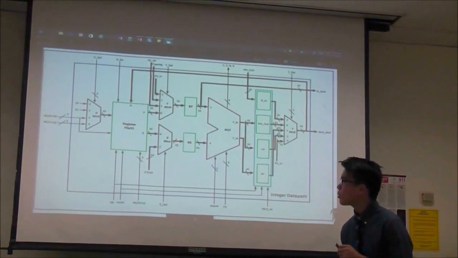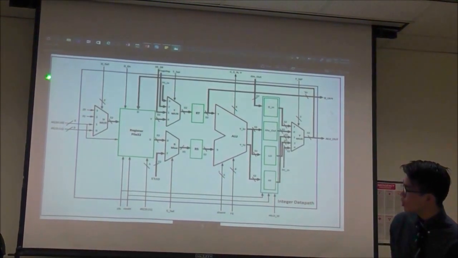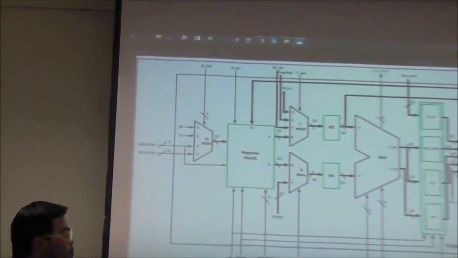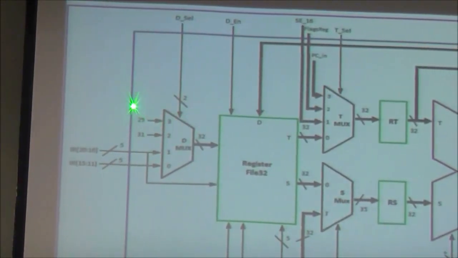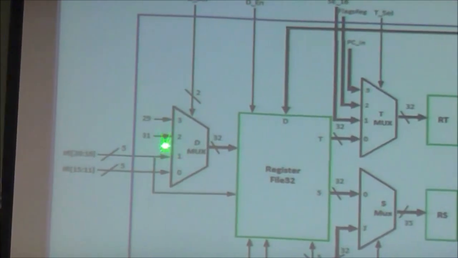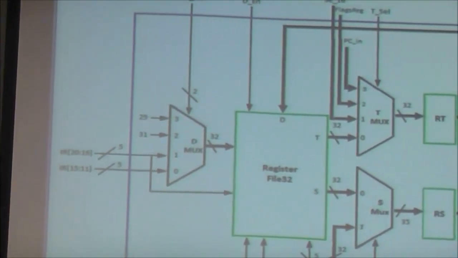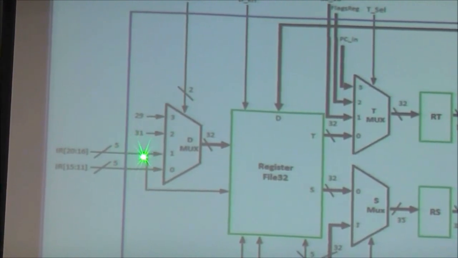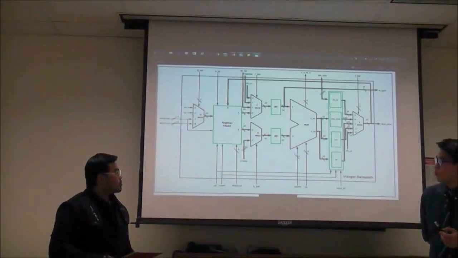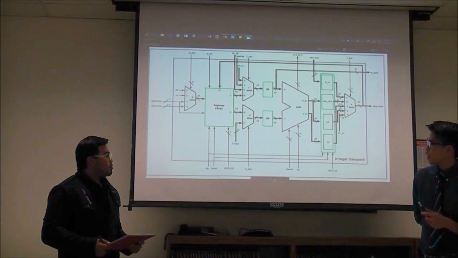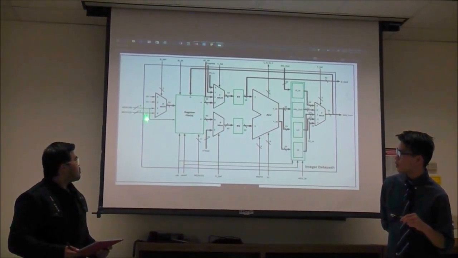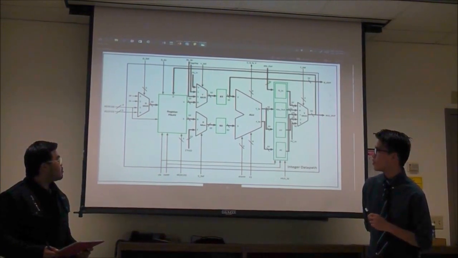For the integer data path, we have the DMUX controlling what destination register it goes to: register 29, the stack pointer; register 31, the return address; register RT, which is IR 20 to 16; and RD, which is IR 15 to 11.